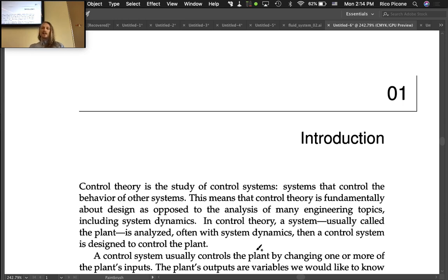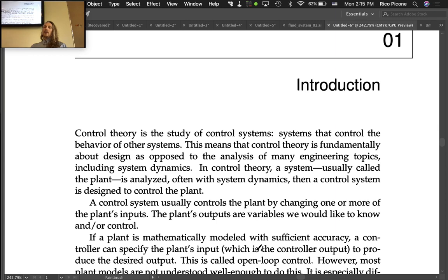So you have to check out the system that you're trying to control. The plant needs to be analyzed, and then you want to design a control system to go alongside that plant to control what that plant's going to do. That's very broadly what control theory is about. How do you design this controller system that's going to control the other system?